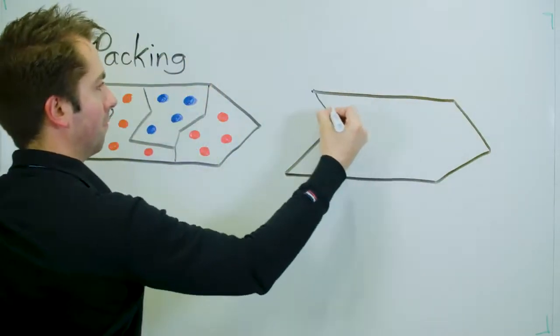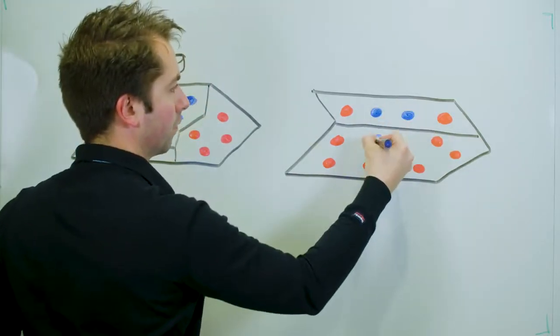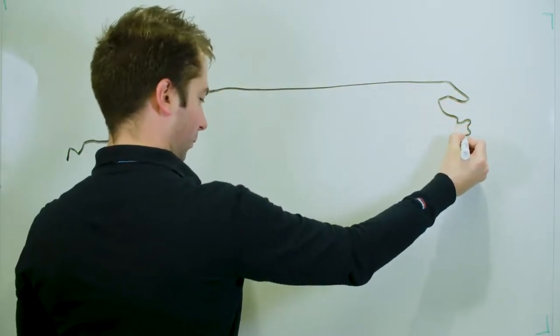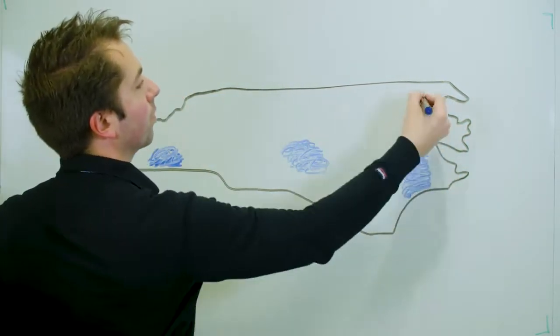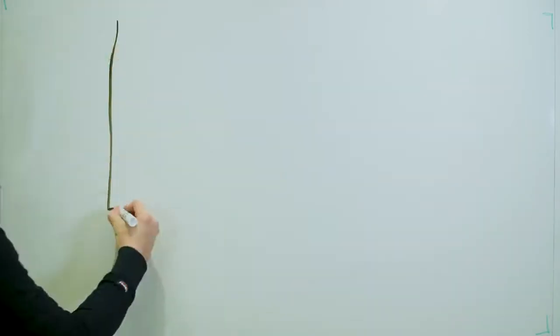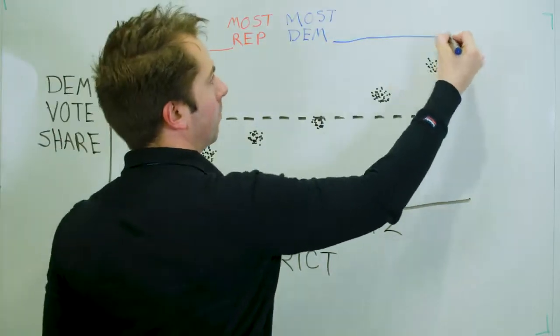But the Duke team went further, exploring measures of packing and cracking voters often employed in the worst gerrymanders. The 2 techniques dilute voting power, either by loading up voters of rival parties in one district or breaking them apart into many districts. Of course, some districts are expected to be more Republican or Democratic than others. Politics is regional, after all. And you can see that if you plot the simulated election districts from most Republican to most Democratic.